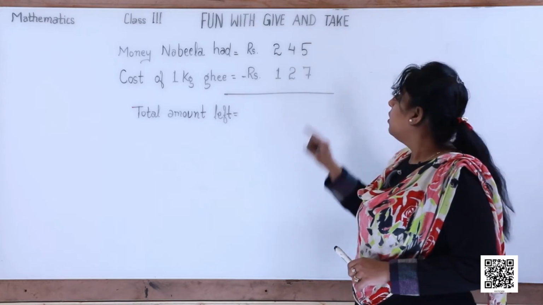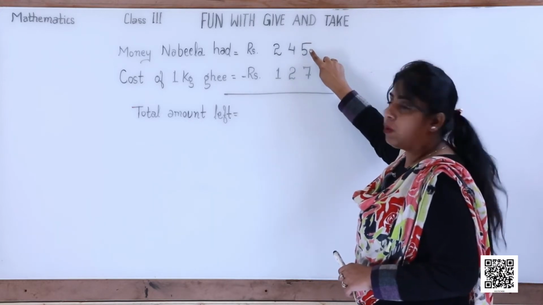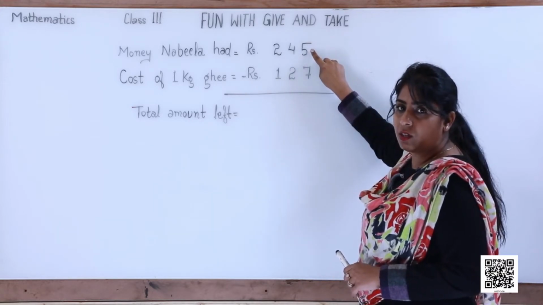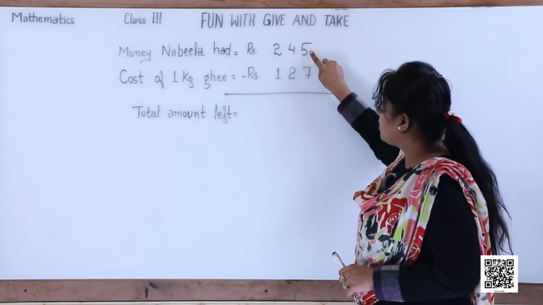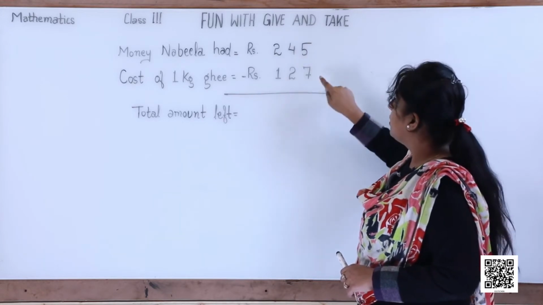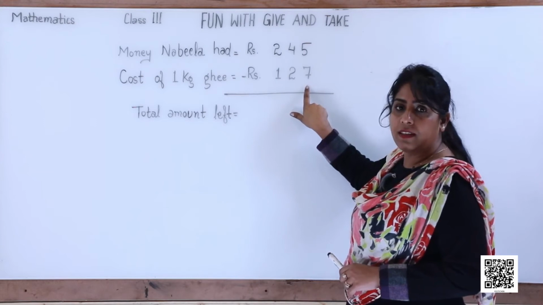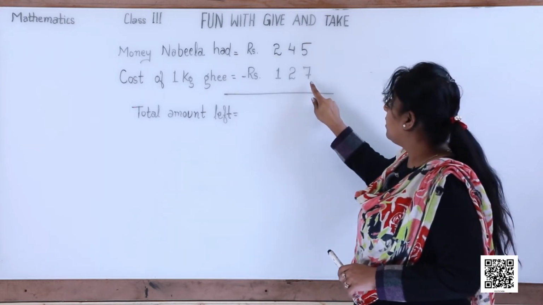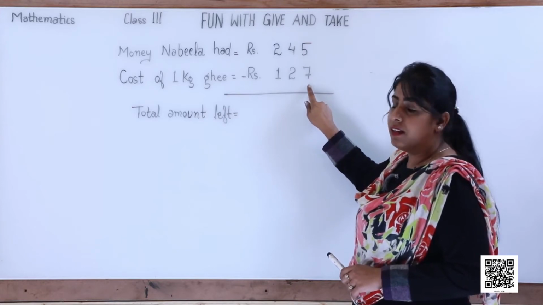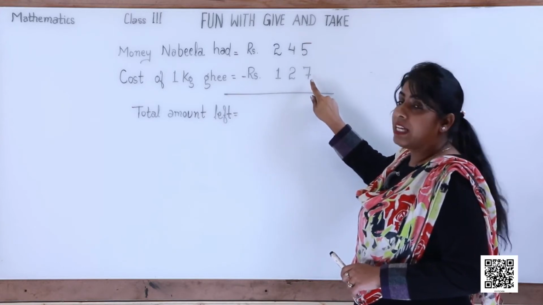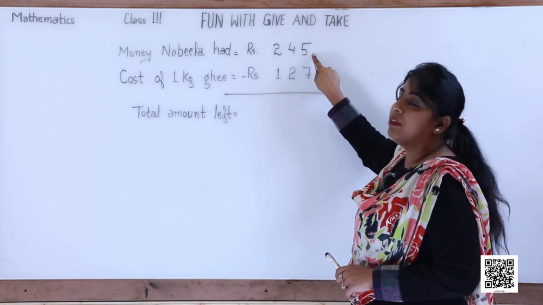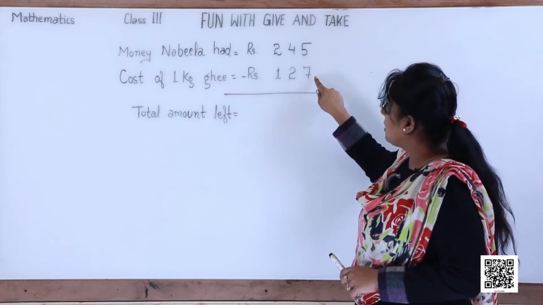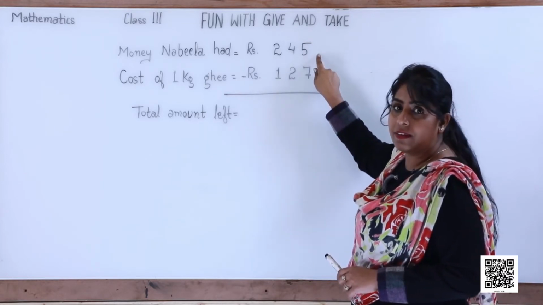Look here, this digit is on the ones place and it is the number 5. We have to subtract the digit 7 from it, but 7 is greater than 5, right?